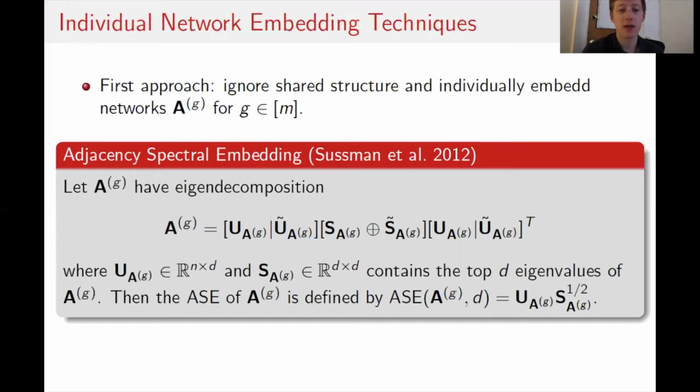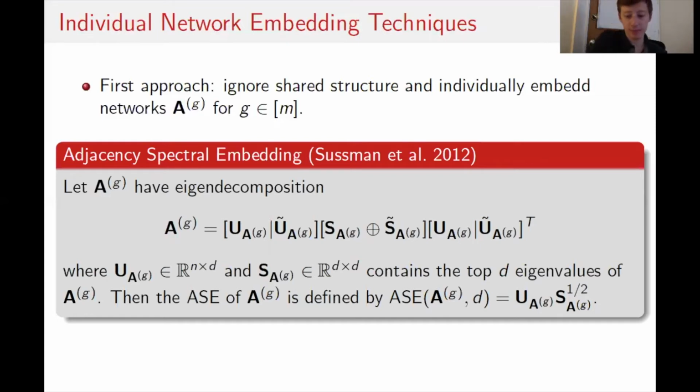The adjacency spectral embedding is then defined to be this product U_A times S_A to the 1/2. S_A to the 1/2 is a diagonal matrix containing the square roots of the most positive D eigenvalues, and U_A has the corresponding eigenvectors in its columns. So our estimate for each one of these X times square root of C's will be given by one of these individually.